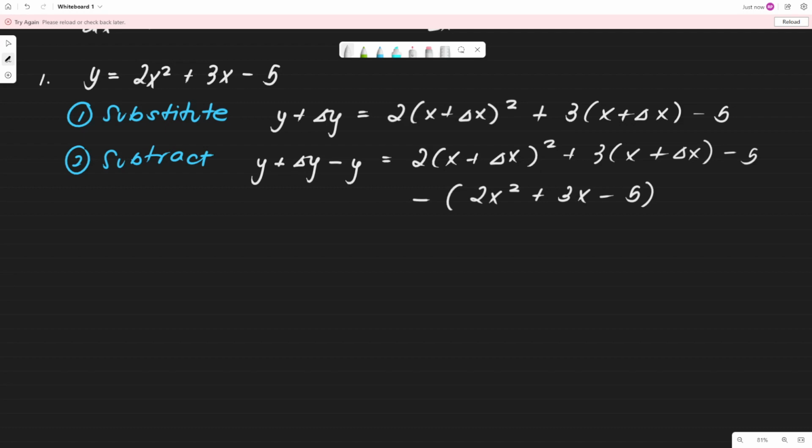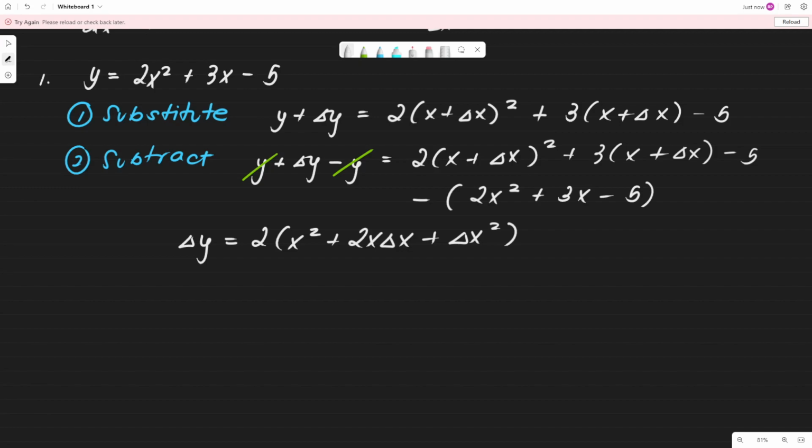Okay, so before we proceed with the division of delta x, i-simplify muna natin yung ating buong function. So, makakancel na si y sa left side. Tapos, dito naman, let us simplify. So, we have delta y is equal to 2 times x squared plus 2x delta x plus delta x squared. So, ano lang to guys ha?